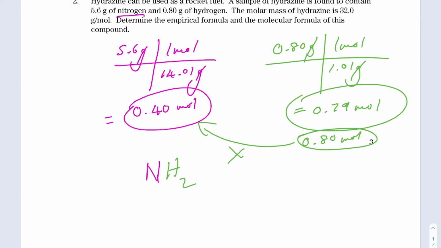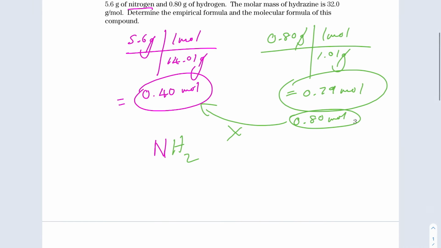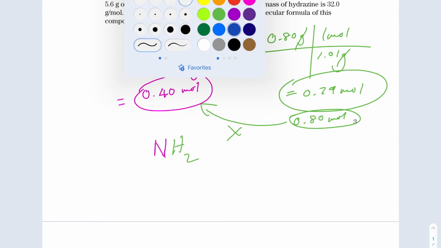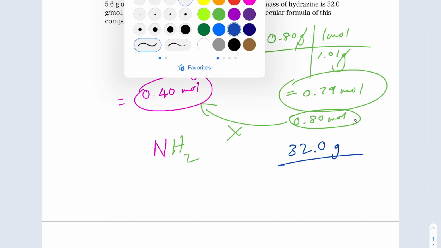The element on the right is written first, which in this case is nitrogen, and then hydrogen. But now we need to look at the molecular formula. They gave us the molar mass, and they said the molar mass is 32.0 grams, and we need to get the mass of NH2.